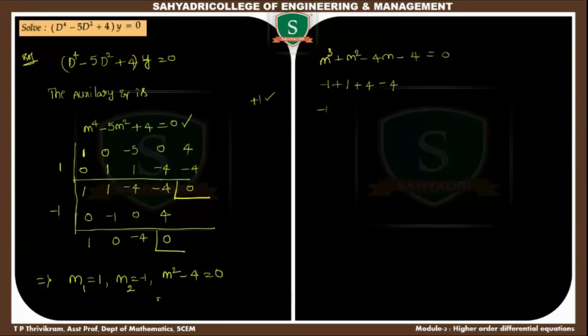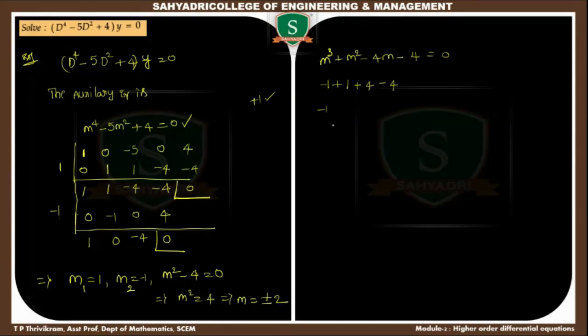So m3 and m4 are, how to find the solution for this? m square is equal to 4, implies m equal to plus or minus 2.